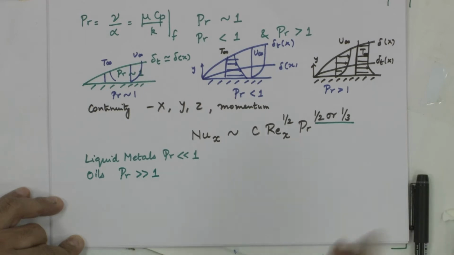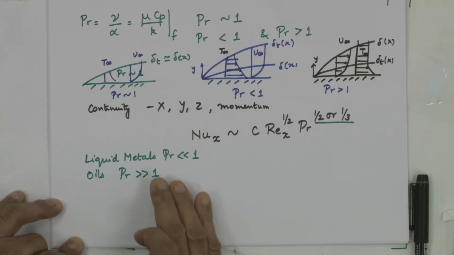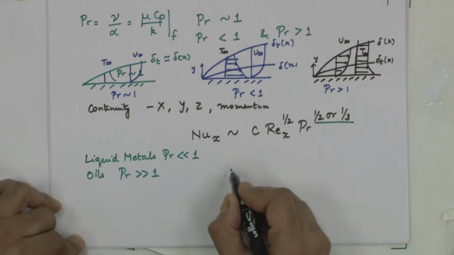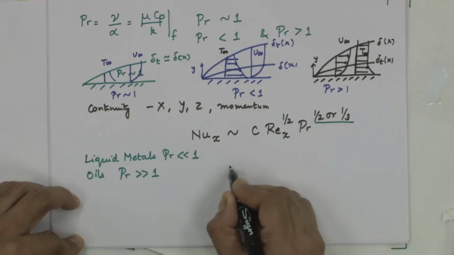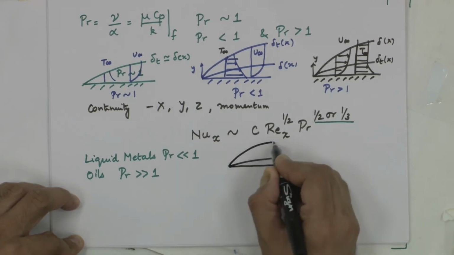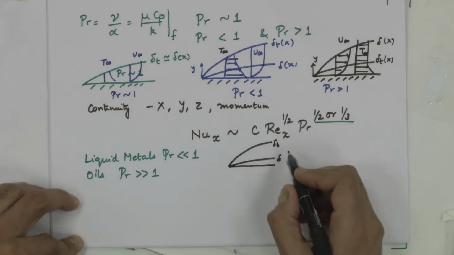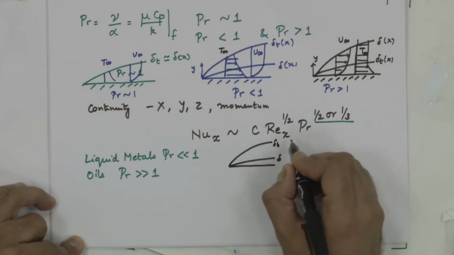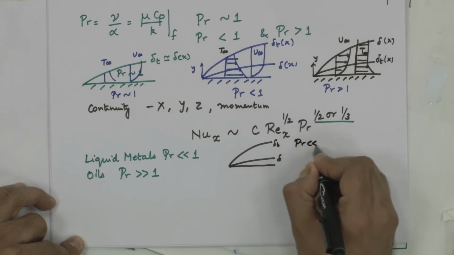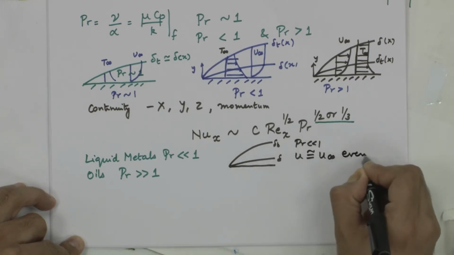A very useful simplification sometimes is when this inequality Pr is much less than 1, and you are talking of a case where this is your delta and this is your delta T. We can actually say that in such cases, Pr much less than 1, U is approximately U infinity everywhere.